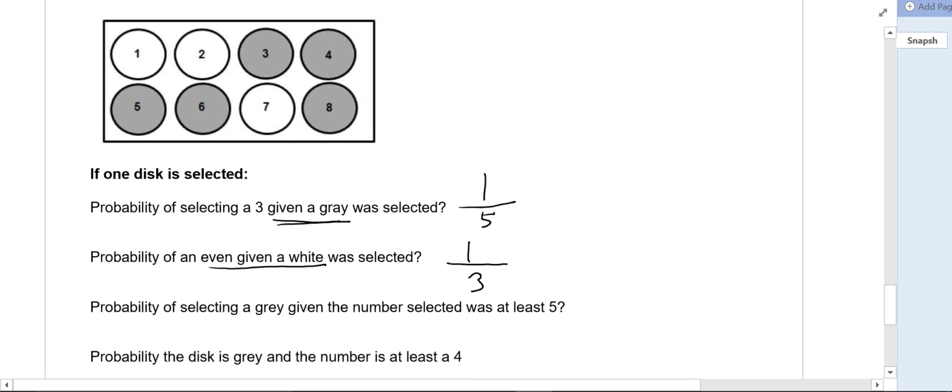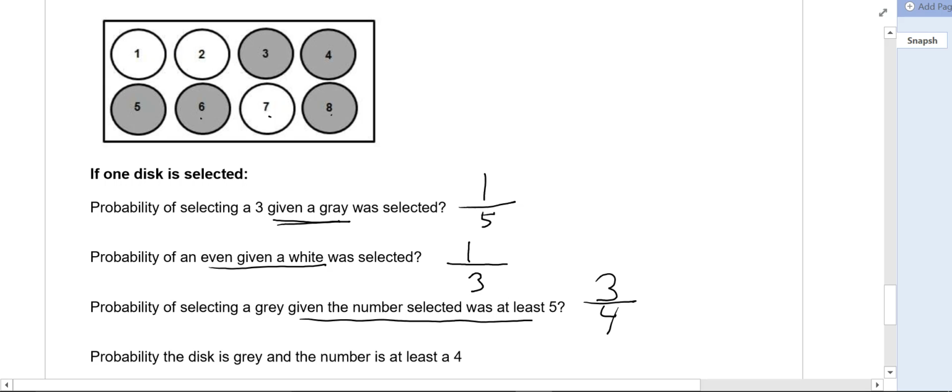The probability of selecting a gray given the number selected was at least 5. So we know the number selected was at least a 5, so we're talking about 5, 6, 7, or 8. So there are 4 discs. Of those 4 discs, 3 of them are gray.